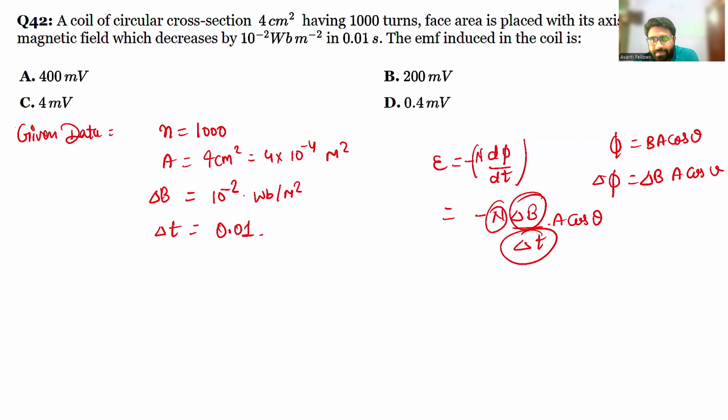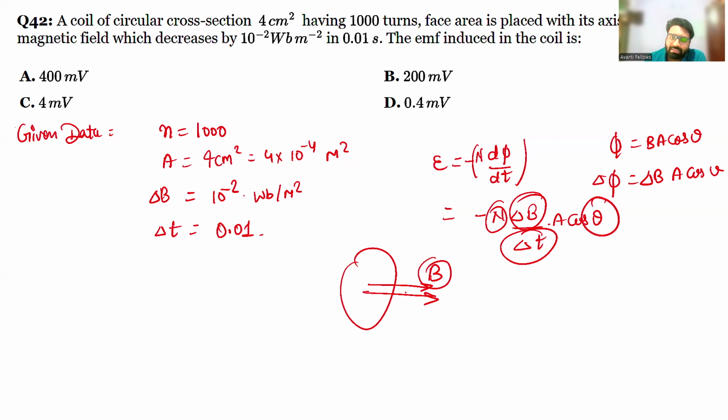And the area is placed with its axis parallel to the magnetic field. So the axis is like this, and this is parallel to the magnetic field, which means the angle between the area vector and the magnetic field vector is 0. So cos theta will become 1.